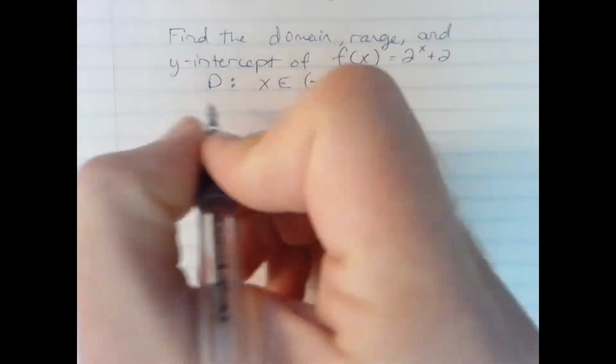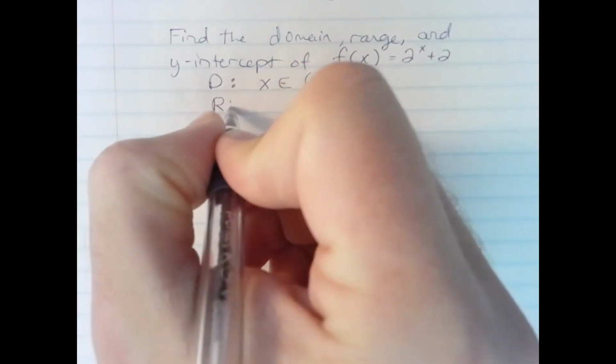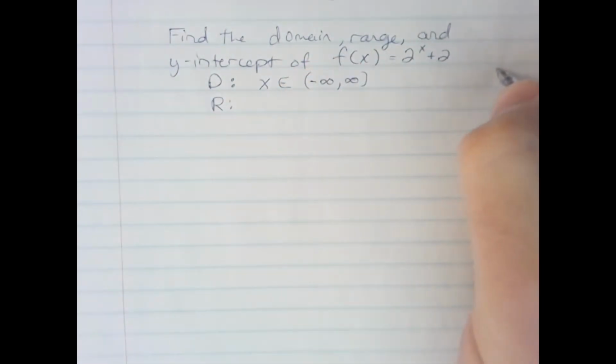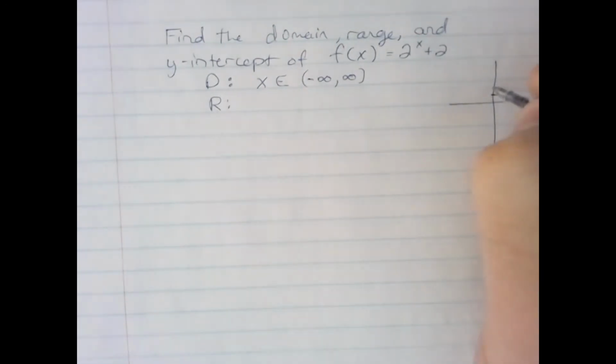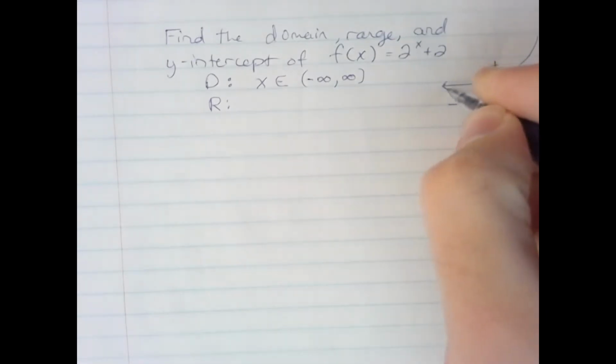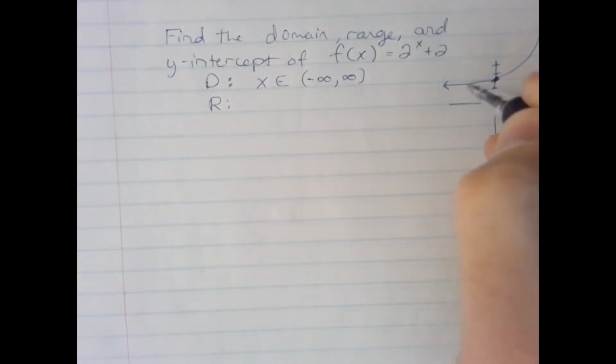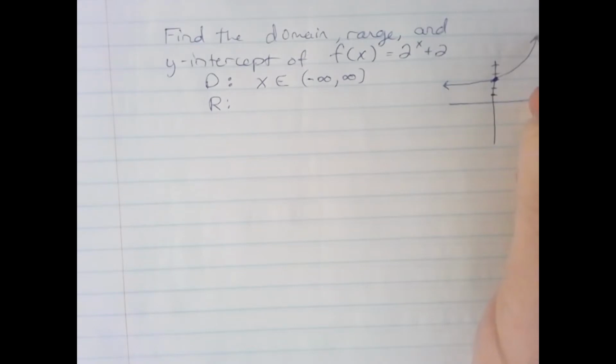The range, a little bit more tricky. It may help us to use a graphing device, or you can just go to a Google search bar and type in graph y equals 2 to the x plus 2, and we'll get something that looks about like this. The graph, as you go to the left forever, it levels off at 2, but then it goes up without bound.